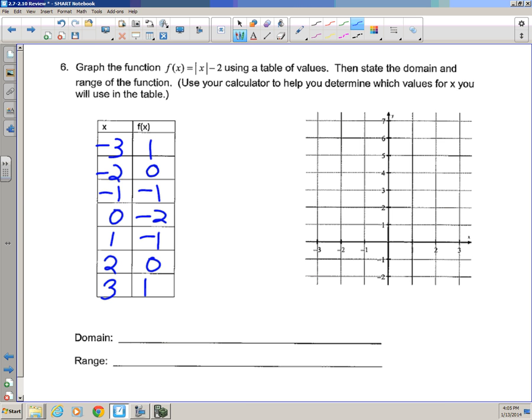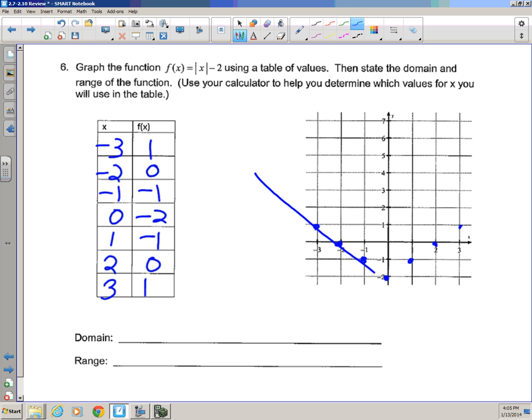These are the points I'm going to graph, and then I'm going to make that same exact V-shaped graph that I saw on the calculator: (-3, 1), (-2, 0), (-1, -1), (0, -2), (1, -1), (2, 0), and (3, 1).